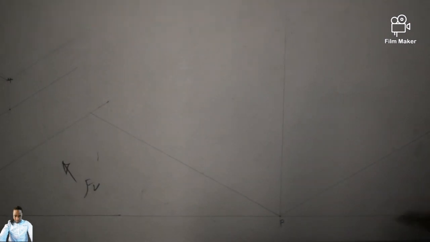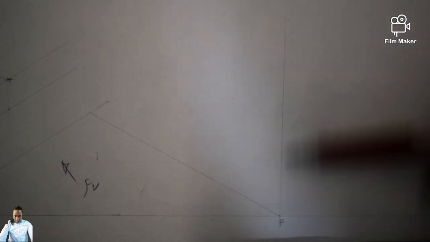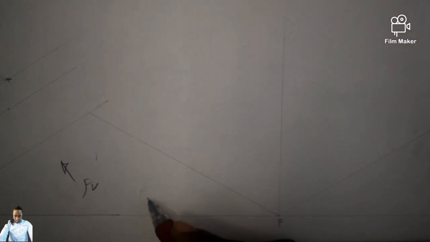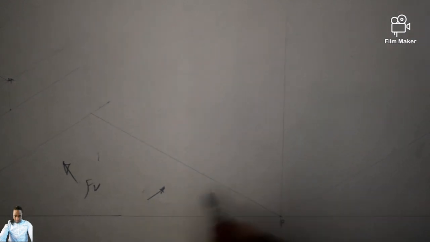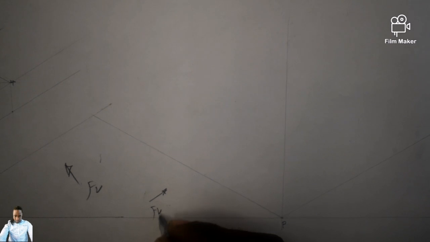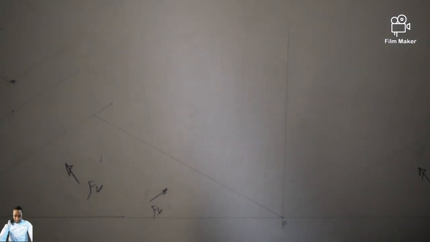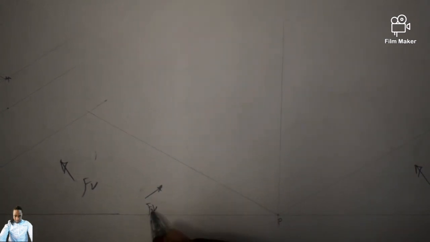So come back to your drawing. What separates the right from left is the vertical line through point P. So this side, according to third angle orthographic projection, I am going to have a right view, and this side I am going to have this front view.